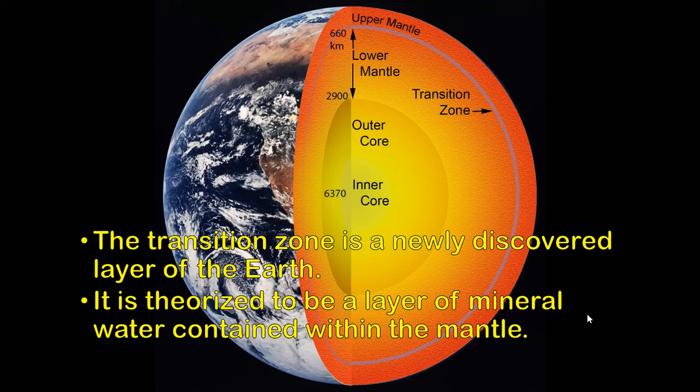Okay, water has the ability to become chemically bonded to rocks, sometimes called hydrates. But this type of water is even more unique than that, and I believe it's called water 4. And it is theorized to be just like this water within these minerals.